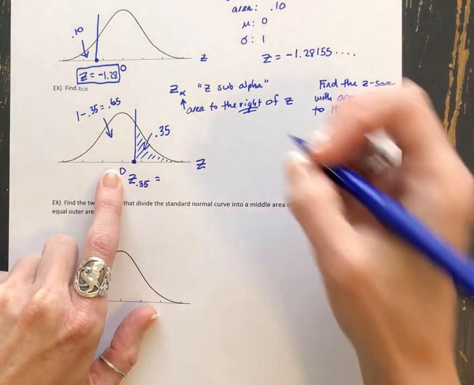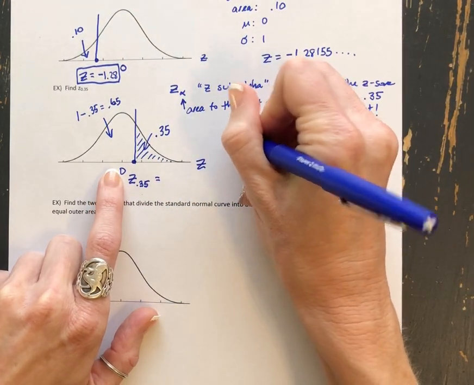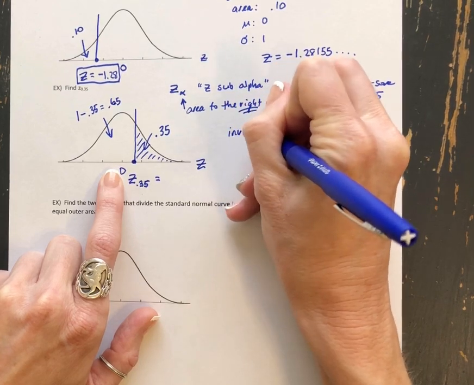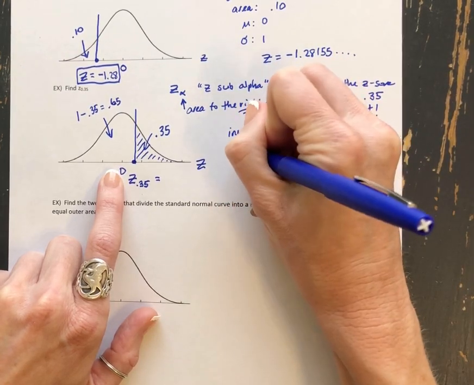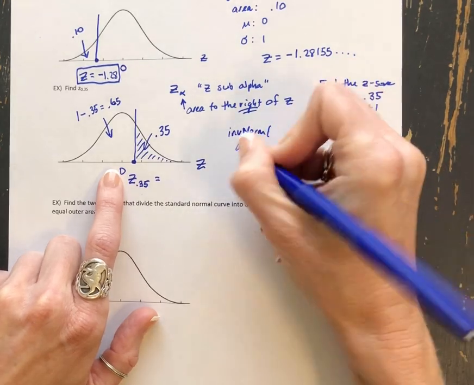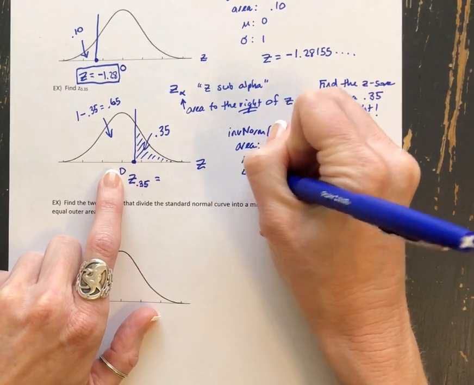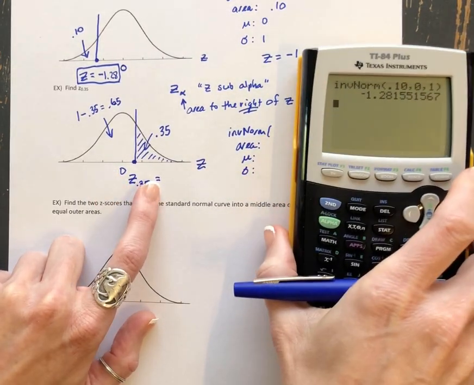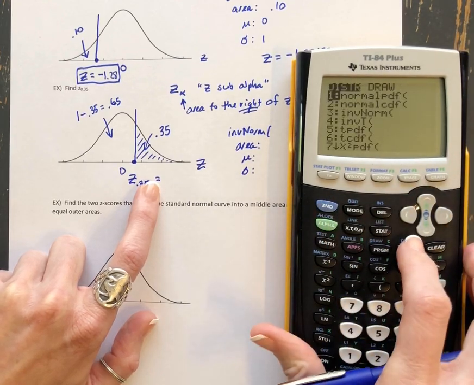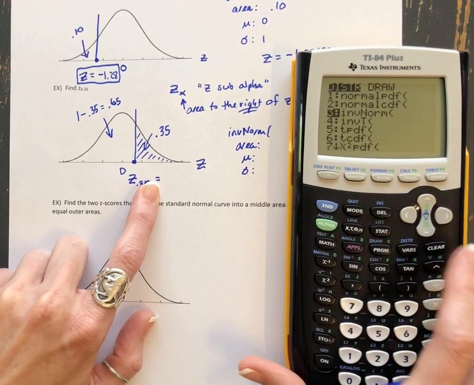0.65. So when we go to the calculator and we choose inverse norm, we're going to go second distribution. We're choosing inverse norm.